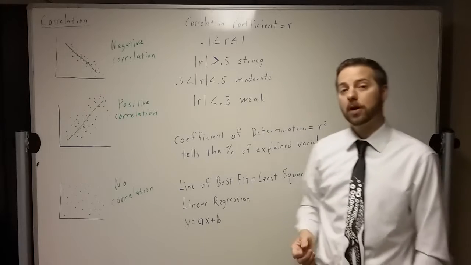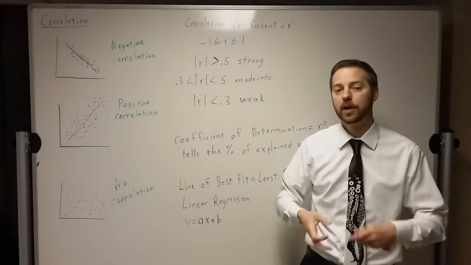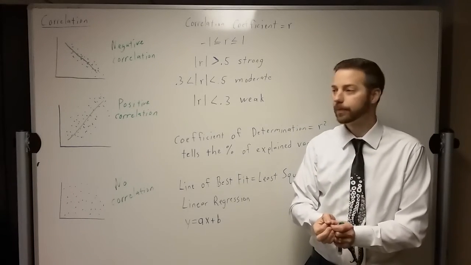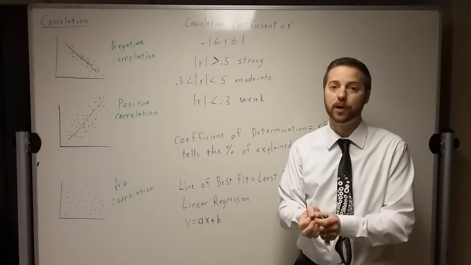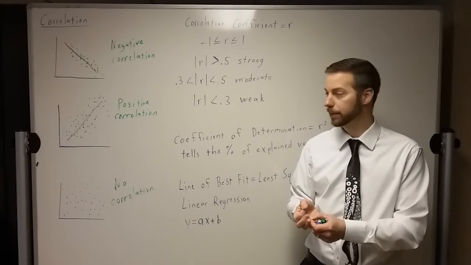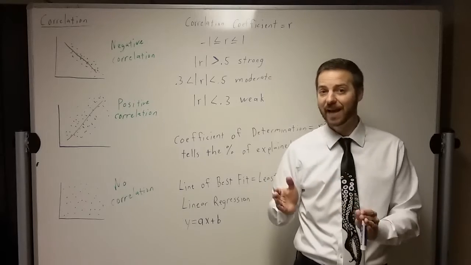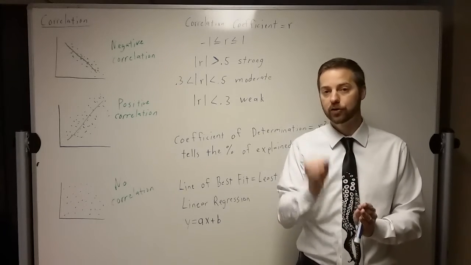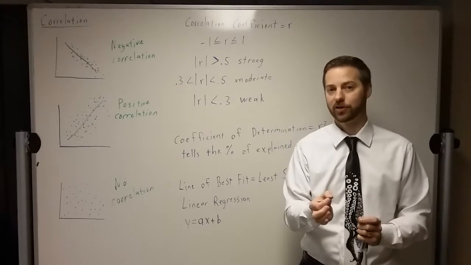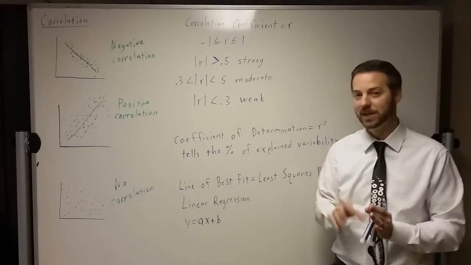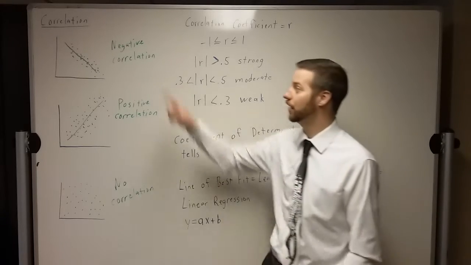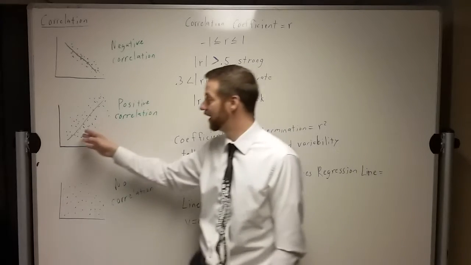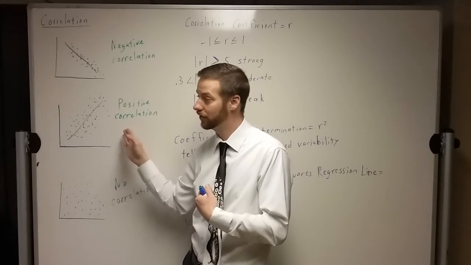The closer r is to +1 or -1, the stronger the relationship. The closer r is to 0, the weaker the relationship. So the positive and negative has absolutely nothing to do with the strength of the relationship. I always like to stress that because that's a really easy mistake to make. All the positive or negative tells you is, is it positive, so as one variable increases, does the other increase?